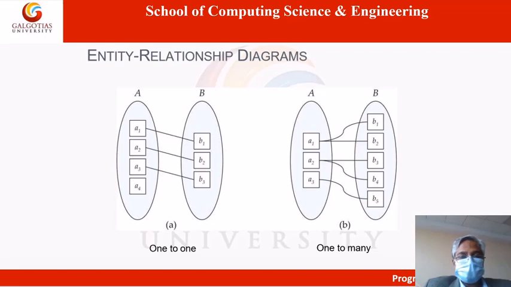So you can see that more than one student is associated with one faculty. So for faculty A1, these two students B1 and B2 are associated, then B3 and B4 are associated with faculty A2, and like this, and one is associated with A3. So this type of relationship is called one-to-many.